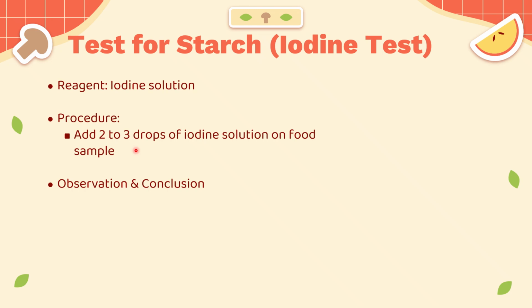What you will observe and what can be concluded from your observation? There are 2. If the iodine solution, which is already yellowish brown, chooses to remain as yellowish brown on the food sample, it means that there is an absence of starch. There is no starch.